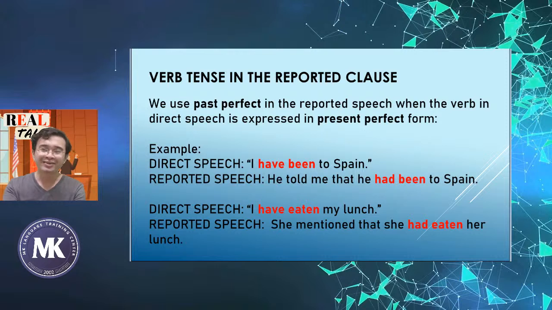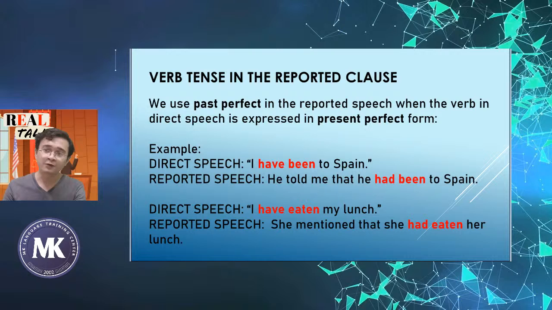And here, for another example, "I have eaten my lunch." If you want to change this into reported speech, we can say, "She mentioned that she had eaten her lunch." From "have eaten" it becomes "had eaten" in reported speech. It's quite easy, right? Because we just follow the past participle form of the verb.